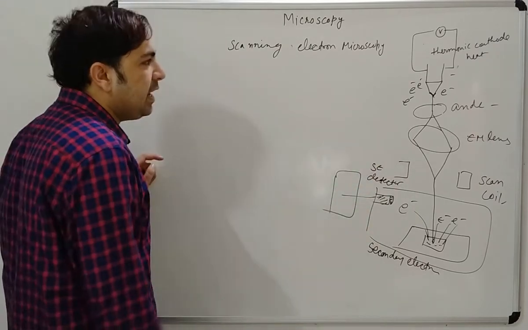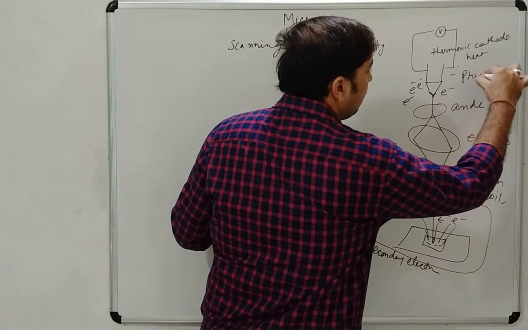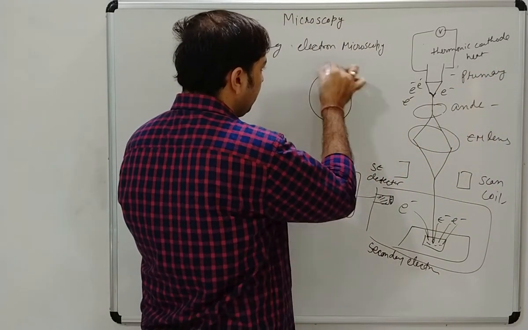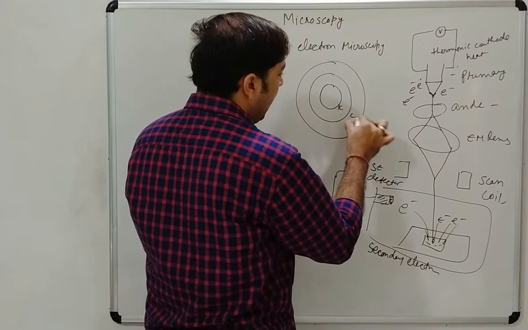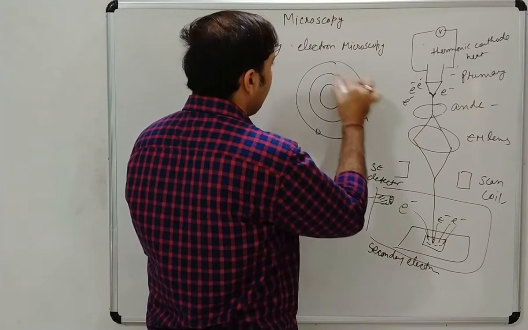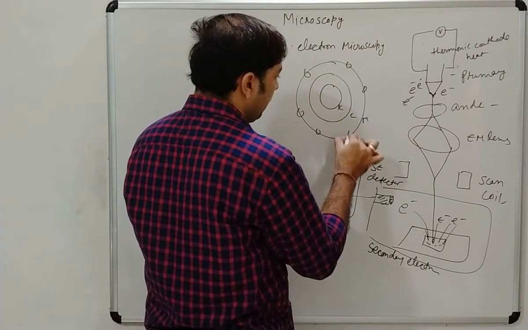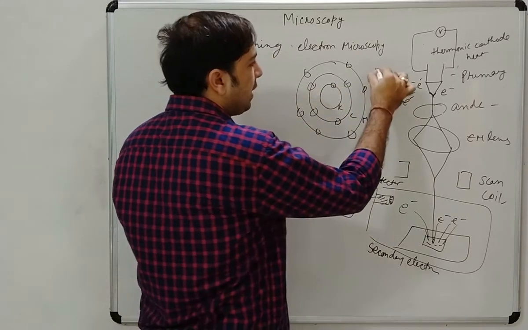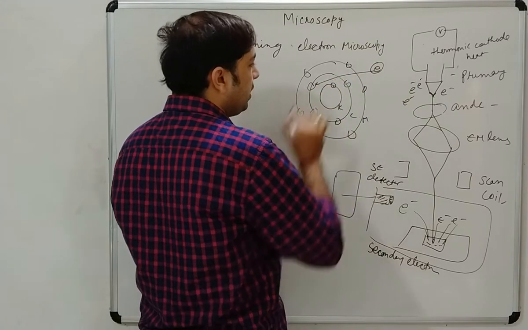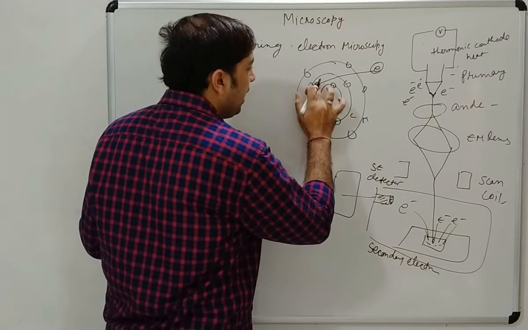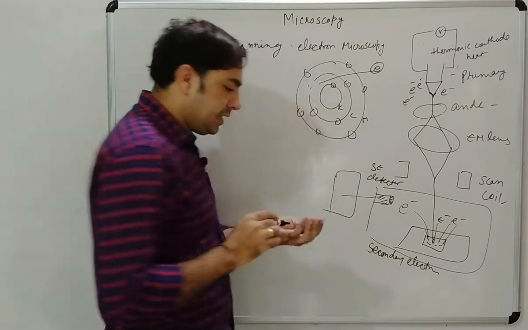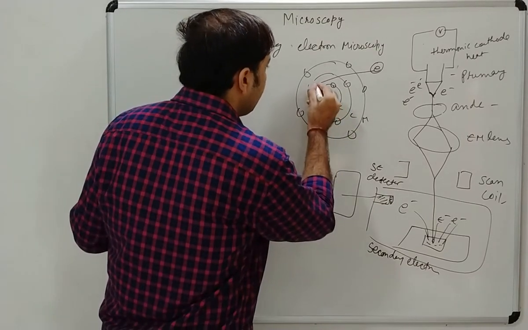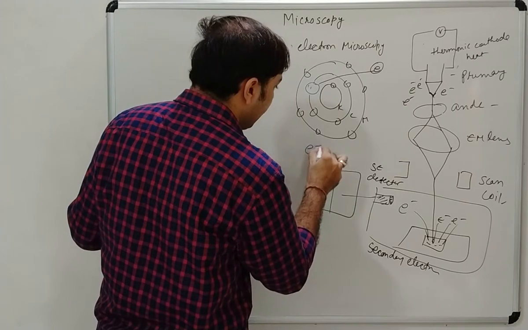Why do we call it secondary electron? Why do we call the other one primary electron? Because the electron comes and attacks the system, and here it generates another electron, which becomes a secondary electron.